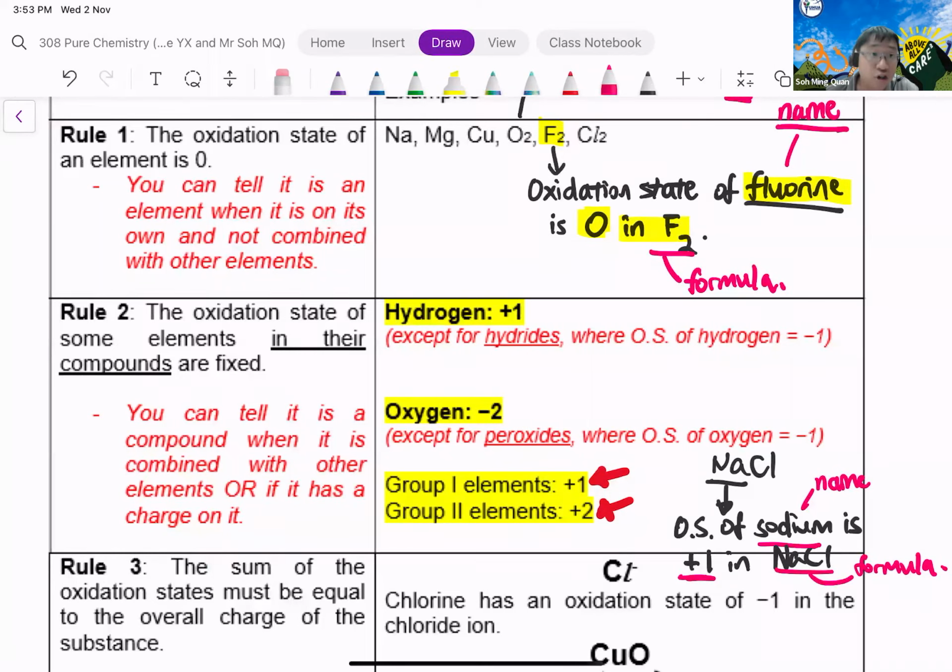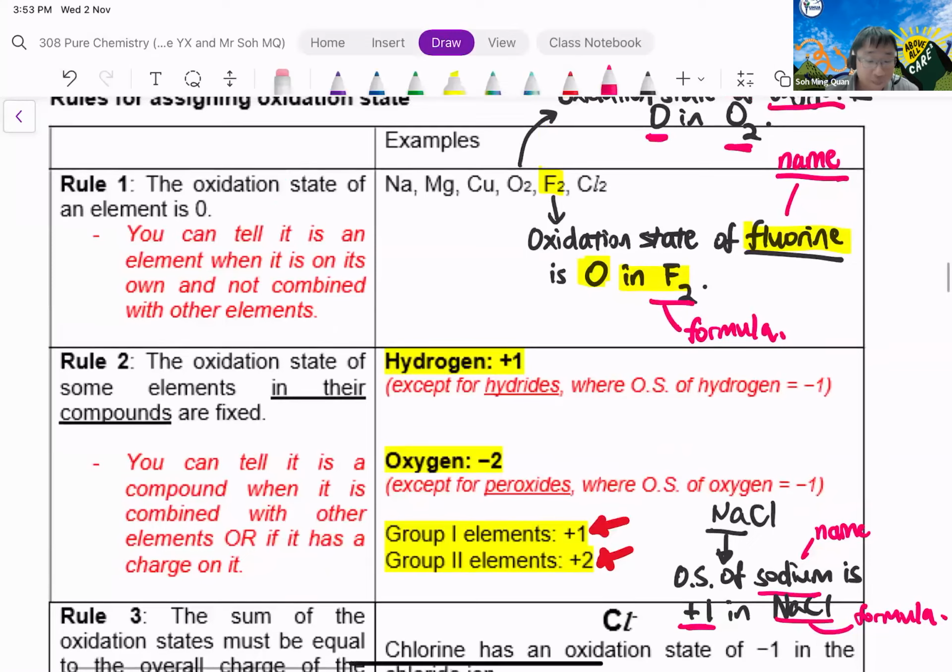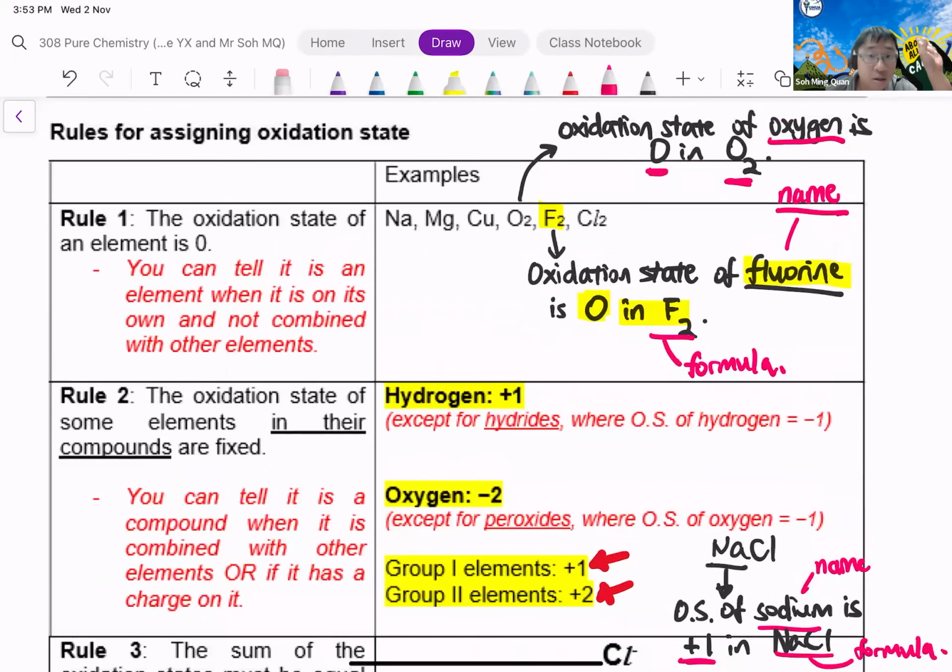Similarly, oxygen will always be -2 in its compounds. So I'm not talking about O2. O2 is an element. I'm talking about oxygen as part of a compound. Now these are rules to be learned: hydrogen +1, oxygen -2 in its compounds.